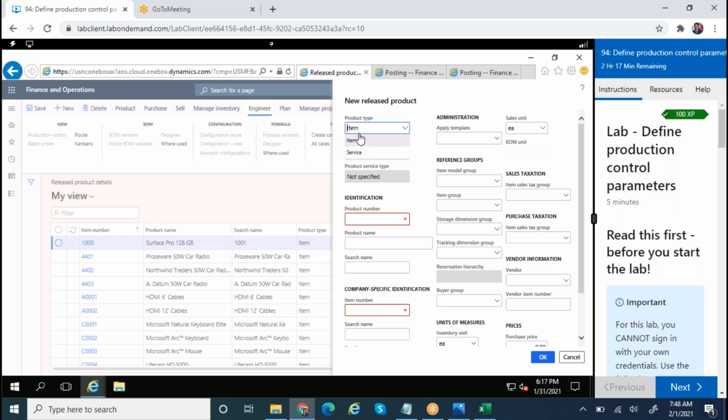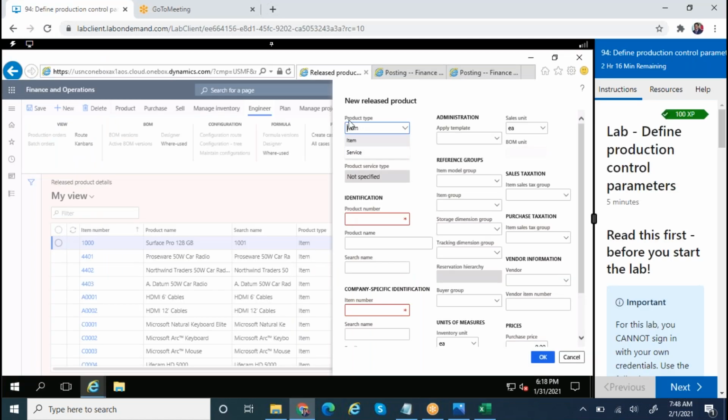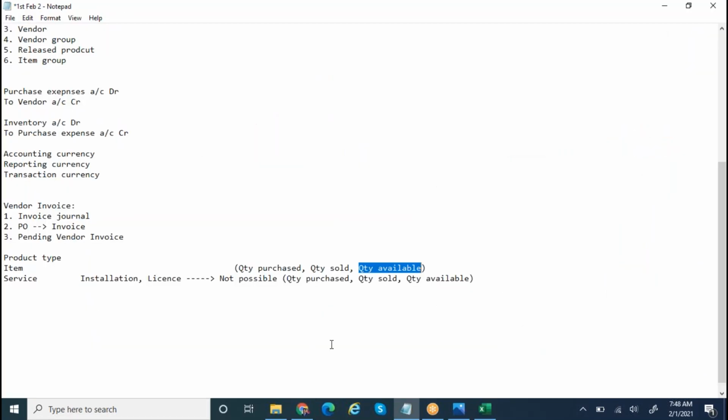If it is item, yes, quantity can be calculated. 10 quantity I have purchased and 5 sold, remaining 5 quantity available. 50 quantity I have purchased, out of 50, 16 quantity I sold, remaining 36 available in my warehouse. That is possible in item type, product type. If it is service, we cannot track that one.